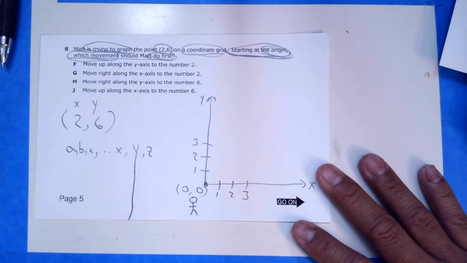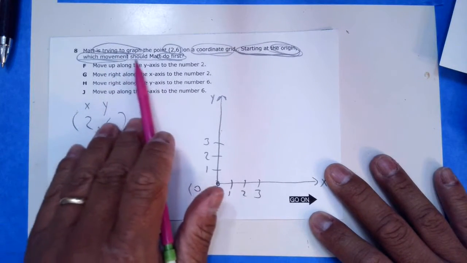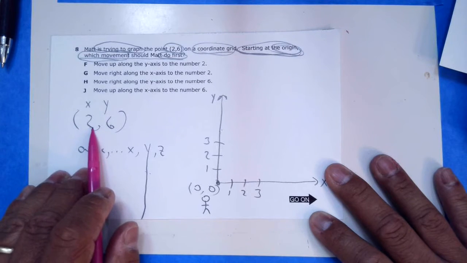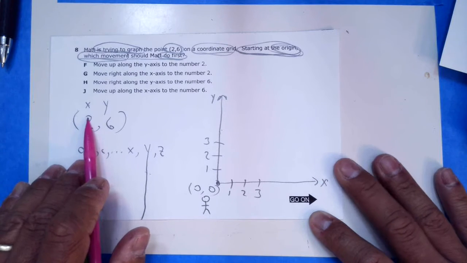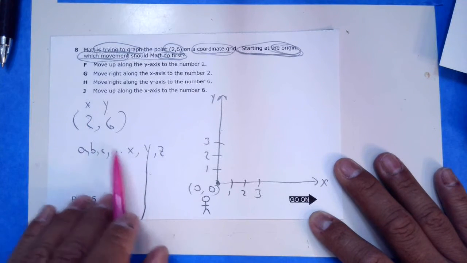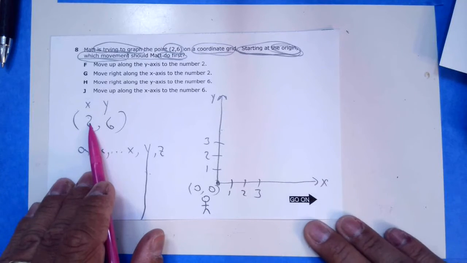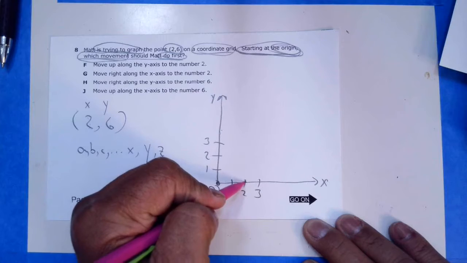Now, it says, which movement should Matt do first? That's this one. Okay? X, Y. You always do the X first because X always comes first in the alphabet. So you have to go on the X axis. It's going to be 2. Here's my X axis. 2.